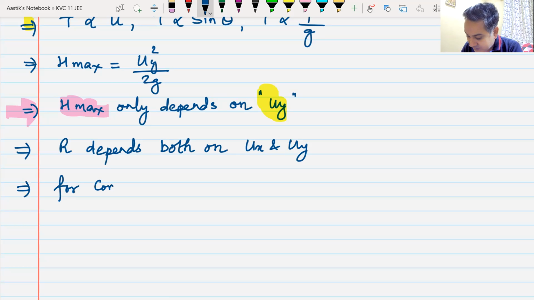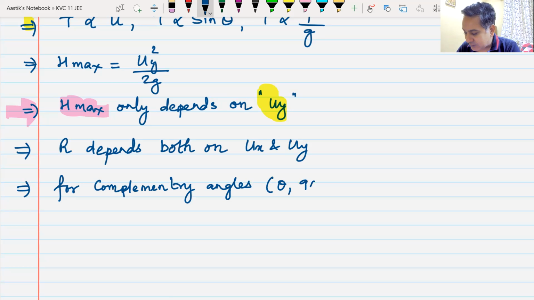For complementary angles, you understand the meaning of complementary angles, yes or no? For complementary angles, one angle is theta, the other angle is 90 minus theta. Range will be equal.